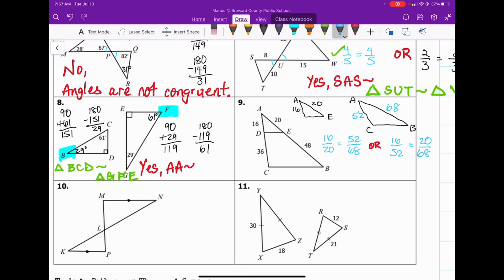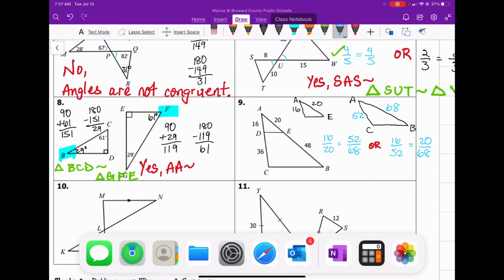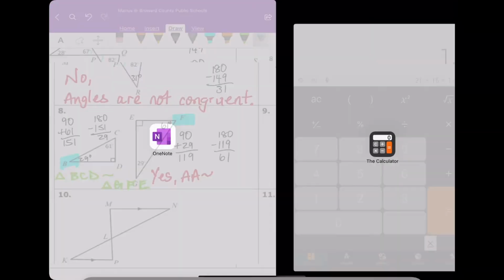Either way, we want to figure out if these are similar, okay? I can reduce these. For the first one, I can reduce both of those by 4. And as a matter of fact, we can just plug it into the calculator real quick, okay?